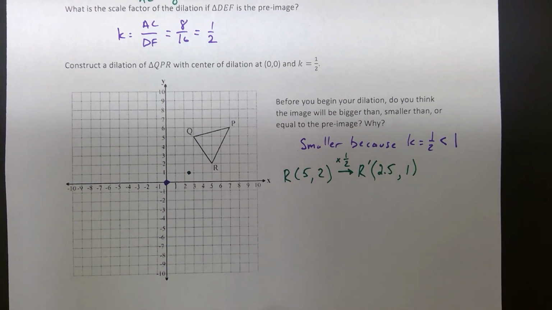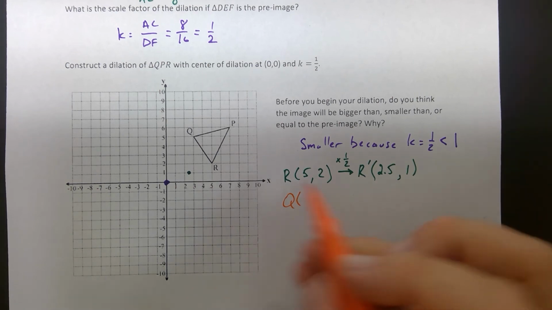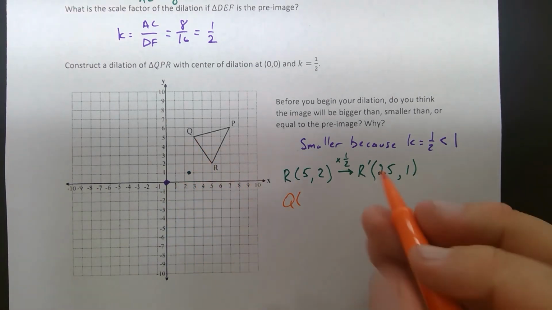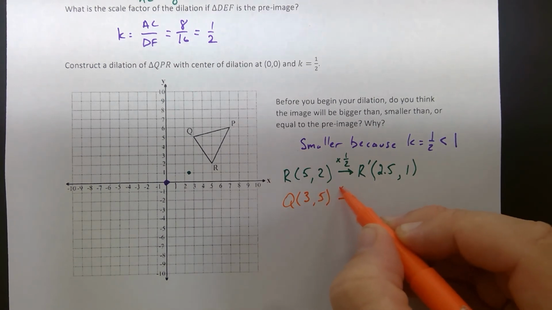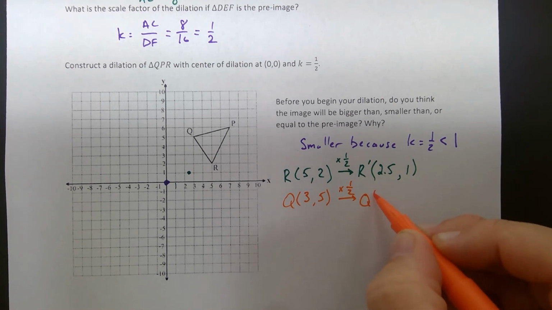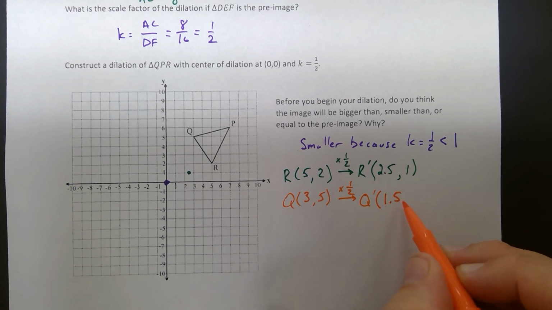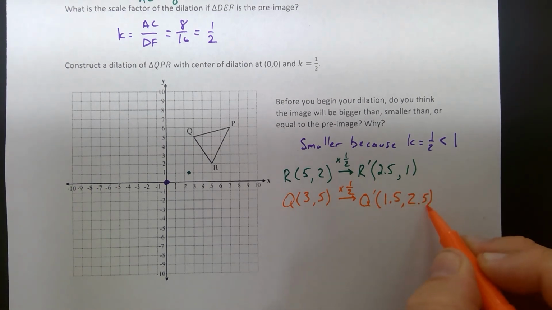Okay, let's go ahead and do our next point. Let's do Q next. So Q is 1, 2, 3, 1, 2, 3, 4, 5. So 3 comma 5 times 1/2. And then we have Q prime. So 3 times 1/2 is 1.5. 5 times 1/2 is 2.5.